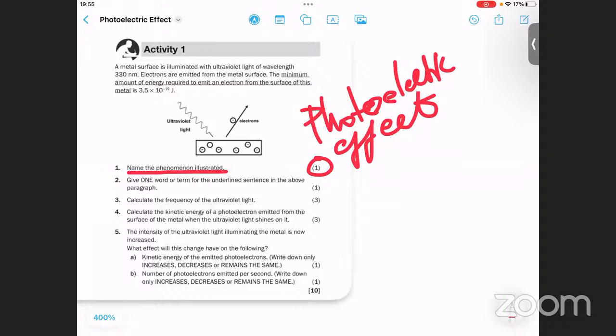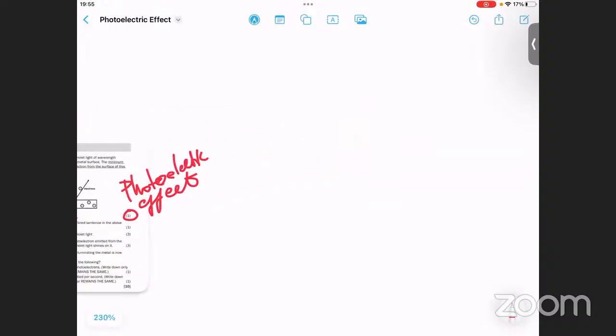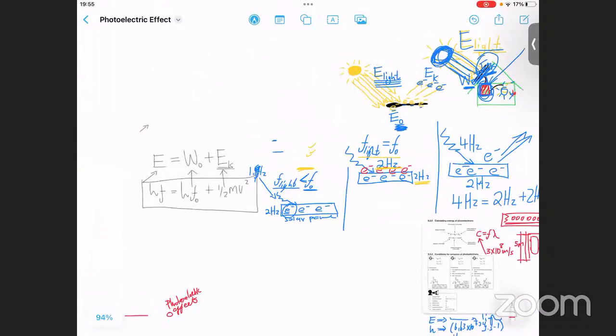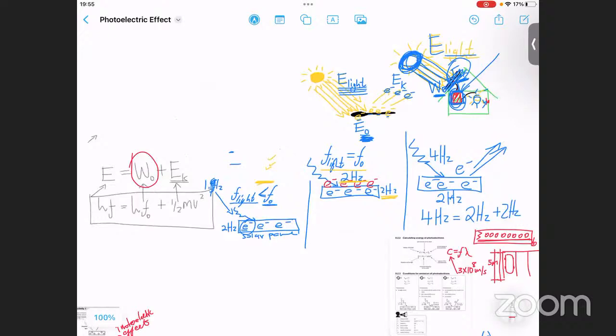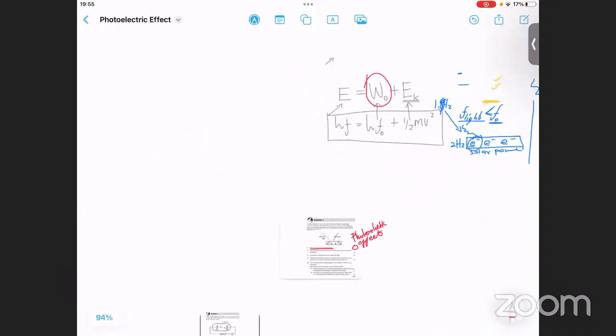Sir, is it like the energy which is emitted by the sun? No. It is that minimum energy. Is this thing? I'm not sure if you remember, Augustino. It is that minimum energy which is required to emit an electron, the work function.